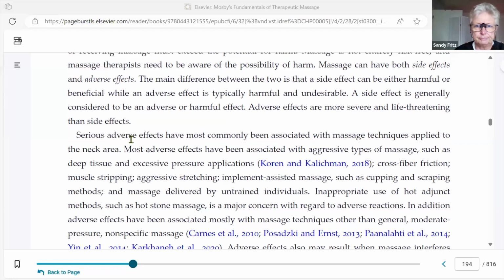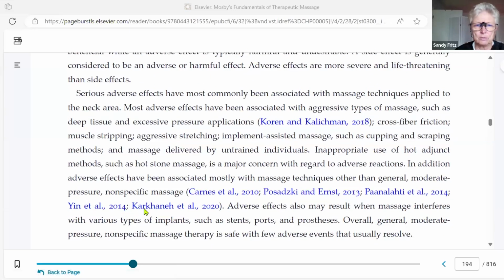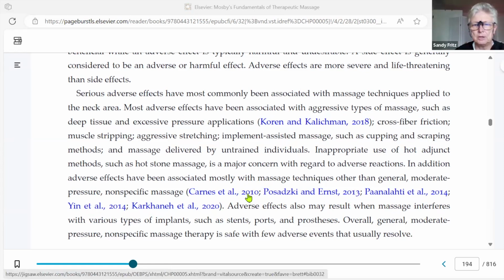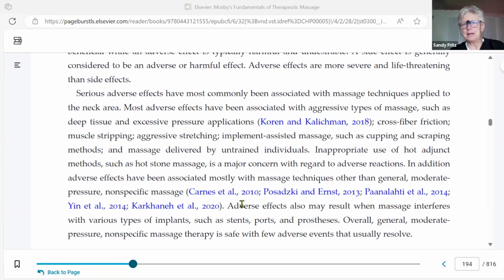Okay, so here are the research papers that I had cited over the years, and you can see a legacy of research. If you click on these, it'll take you to the reference at the end of the chapter. But it's kind of fun to take that reference and plug it into PubMed and read the whole paper and see: did I interpret it well? Did I interpret it without bias?